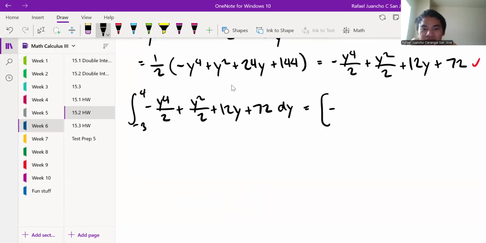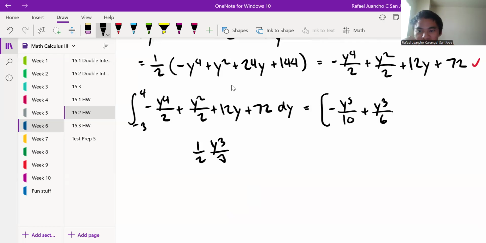So I got negative 1/2 of y 4th, so I get y 5th over 5, so negative y to the 5 over 10. And then this one is y squared over 2, so 1/2 times y cubed over 3, so y cubed over 6.